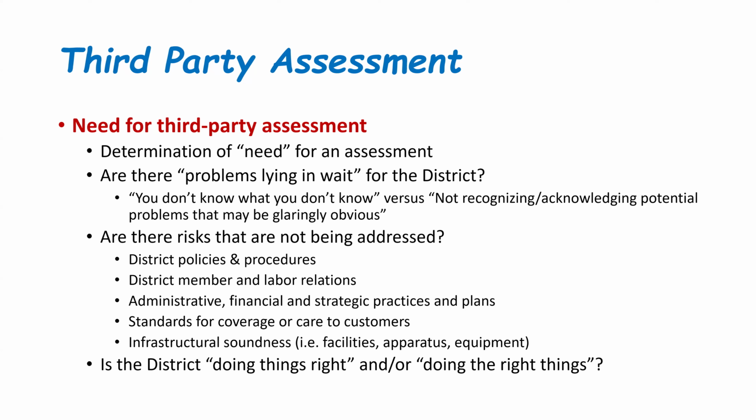Are there more technical, administrative, financial or strategic processes that aren't being addressed adequately that we need help with? Others are trying to determine whether we understand what our community risk is and whether we're meeting it or not. And infrastructural soundness is more of a technical or engineering appraisal of assets that we have, vehicles, facilities and so forth.